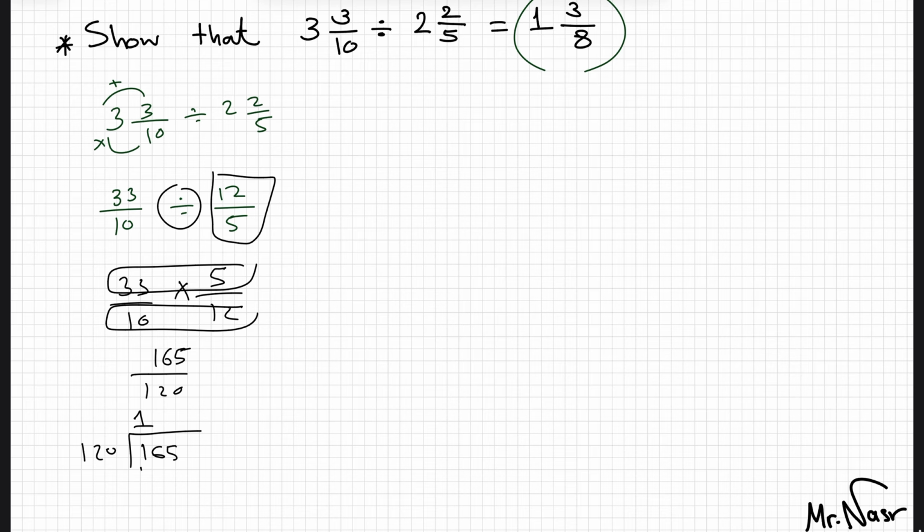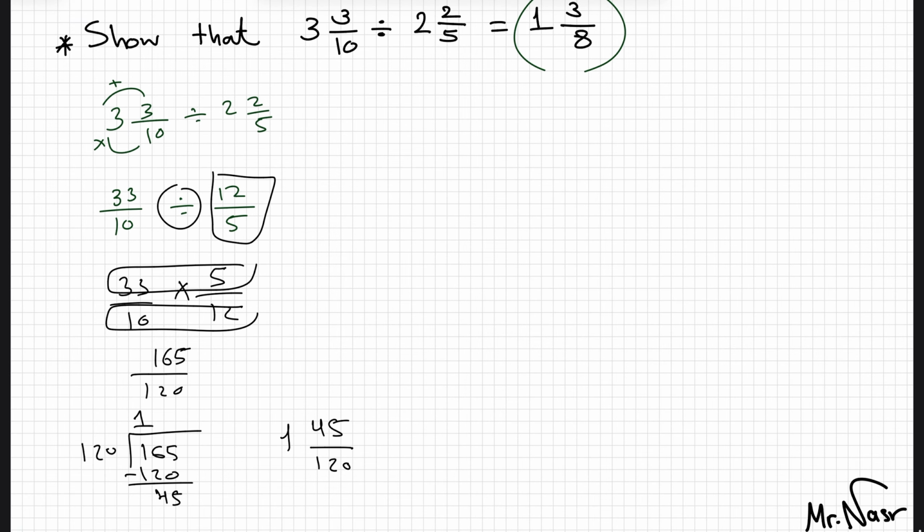So 1 times 120 is 120, subtract. 165 subtracted by 120 is going to be 45, guys. I'm not quite done, so I'm going to put this as 45 over 120. I'm going to simplify this even further to make it look like 3 over 8.